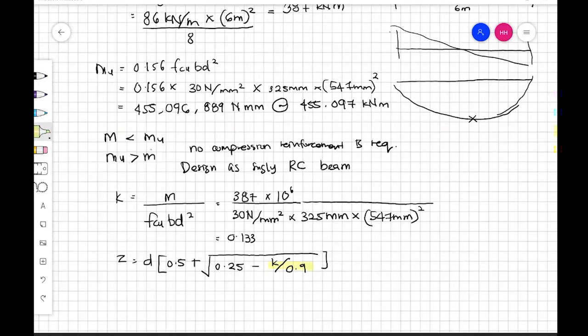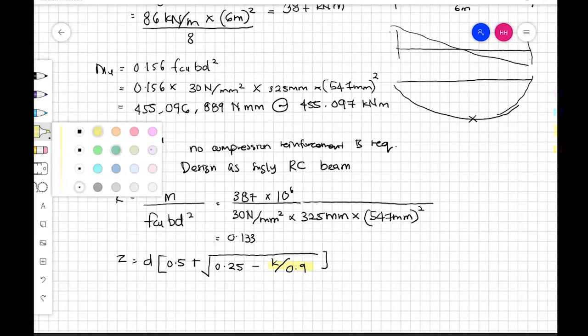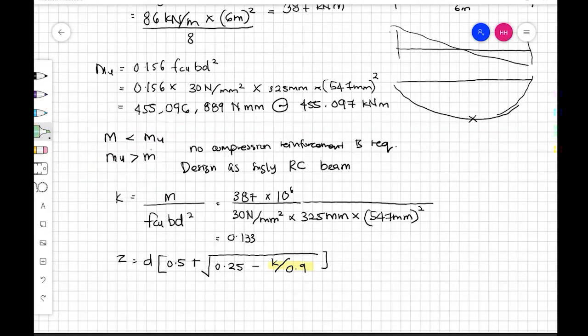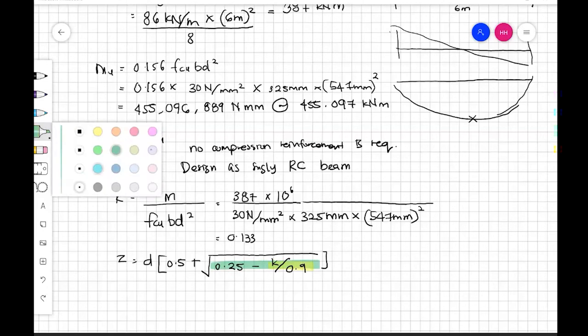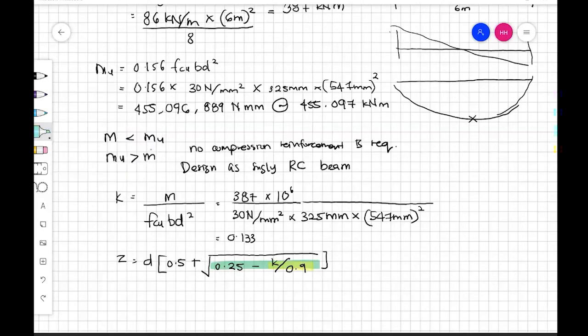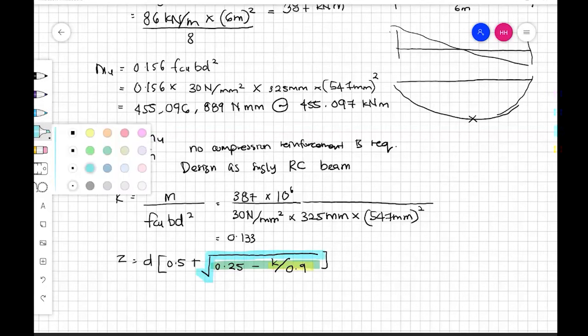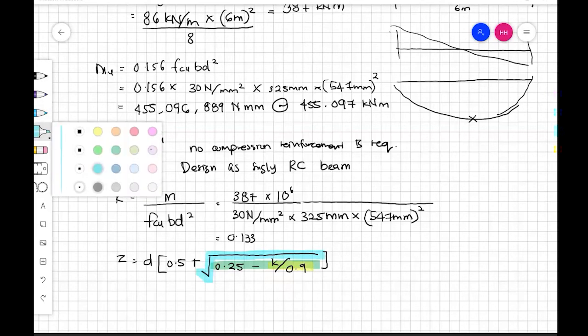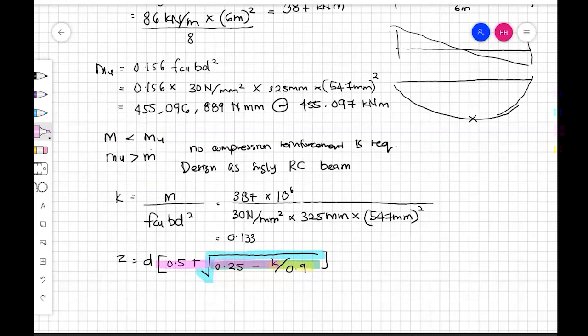K bagi 0.9. And then you ambil 0.25 minus answer yang semua ni. And then you square root everything. And then baru you campurkan, 0.5 campur answer lah. Itu step dia. Nak senang kira, supaya kita tak pakai bracket.